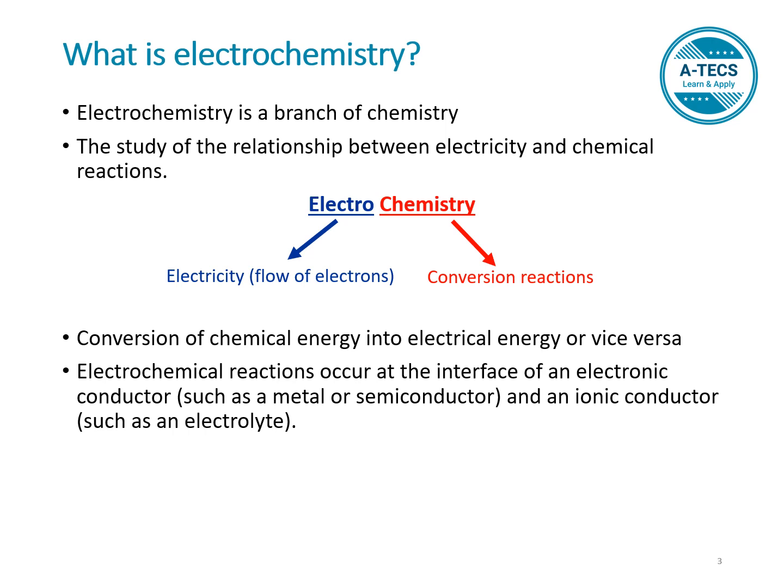Electrochemical reactions occur at the interface of an electronic conductor such as a metal or a semiconductor and an ionic conductor such as an electrolyte. So in general, if we think about a metal surface which is exposed to an electrolyte, it will react with the electrolyte by generating or consuming electrons.